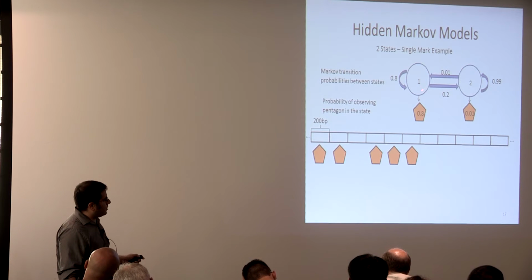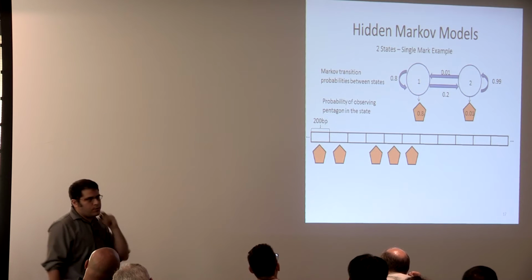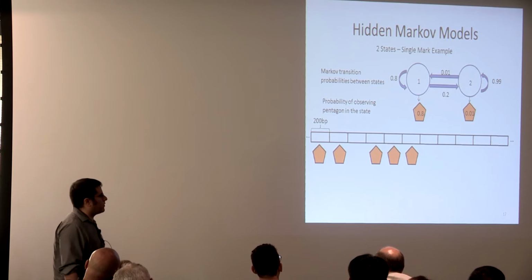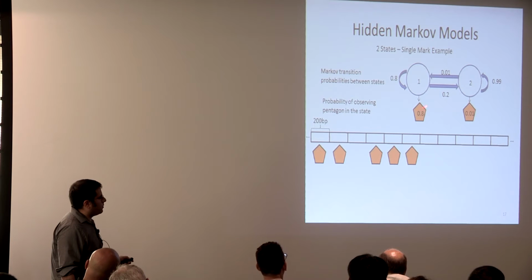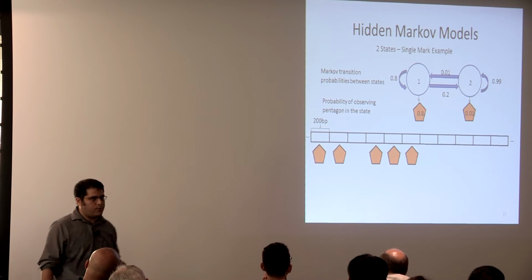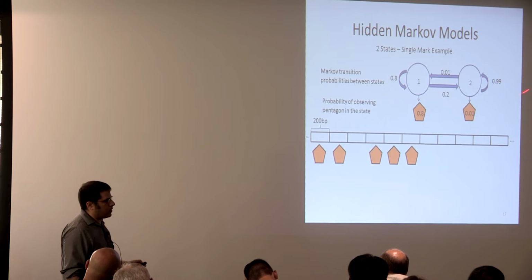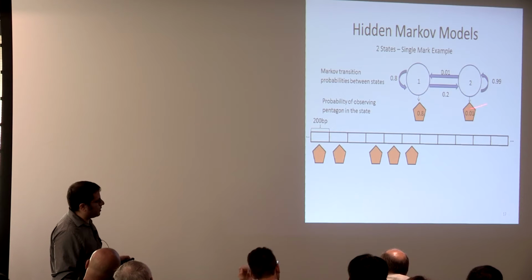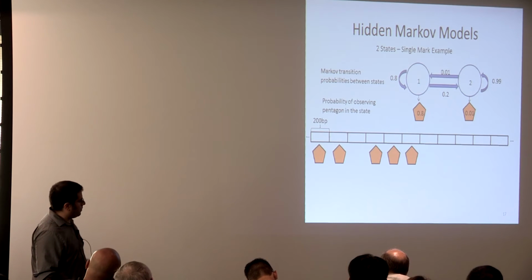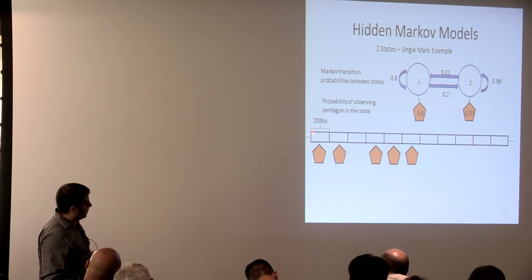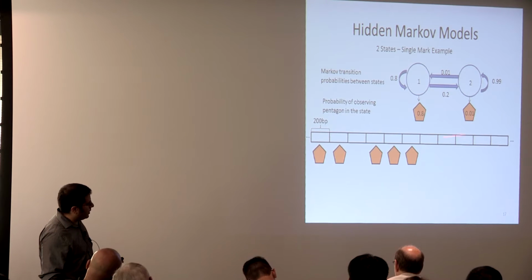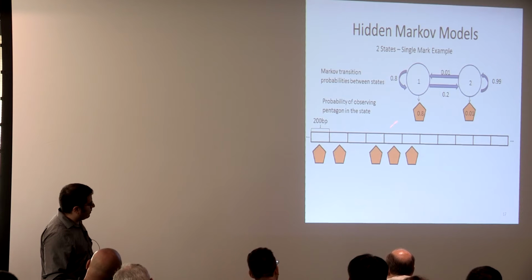And then given we're in a certain state, we could have different probabilities of observing the marks. So if we're in state 1, we would have a probability of 0.8 of observing the pentagon. While if we're in state 2, we would have a probability of 0.01 of observing the pentagon, and it would be 1 minus that of not observing it. So what we have here are these 200 base pair intervals, and at certain intervals we have the pentagons observed.